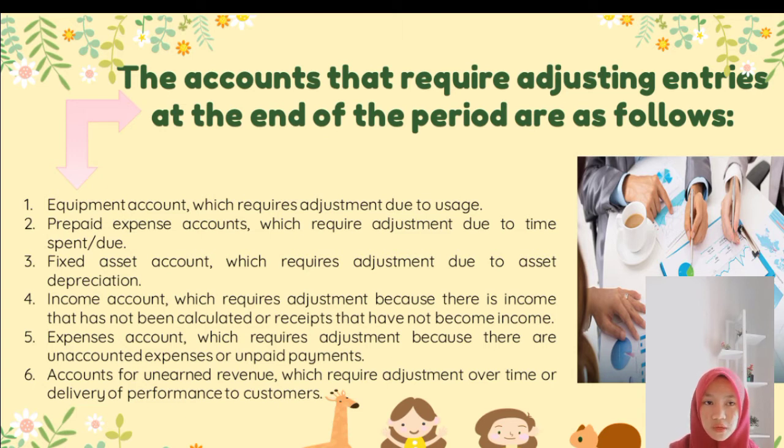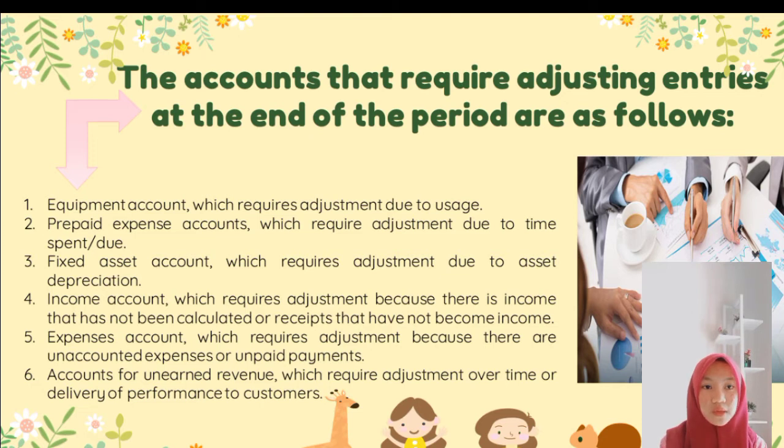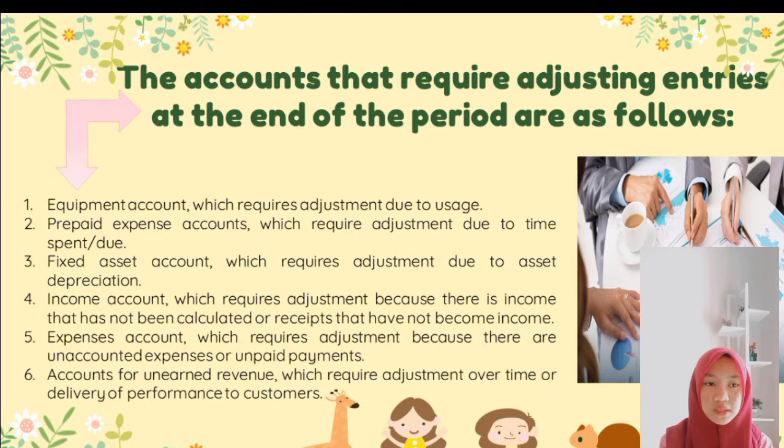1. Equipment account, which records adjustment due to usage. 2. Prepaid expense account, which records adjustment due to time spent or goods. 3. Fixed asset account, which records adjustment due to asset depreciation. 4. Income account, which records adjustment because there is income that has not been calculated, or receipts that have not become income. 5.